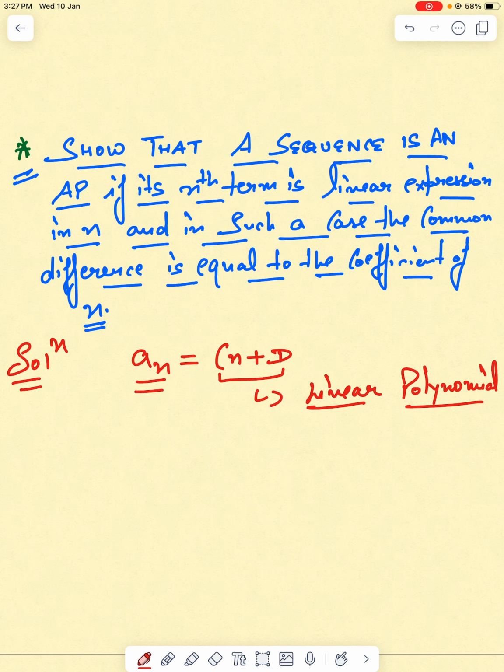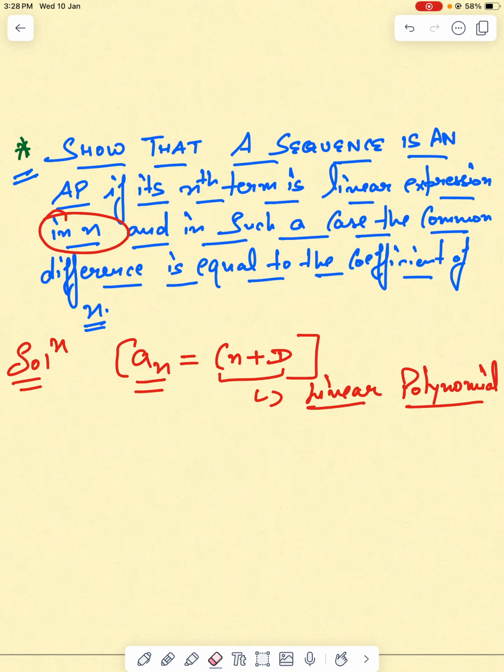So it's a linear polynomial. So in the question it is given that any sequence is in a linear expression in n, right? So I assumed that an is equal to Cn plus D. You can also assume like this, Cn plus D plus 4, whatever you like. So you will get the same result. What will we be getting now? What does he want us to prove?